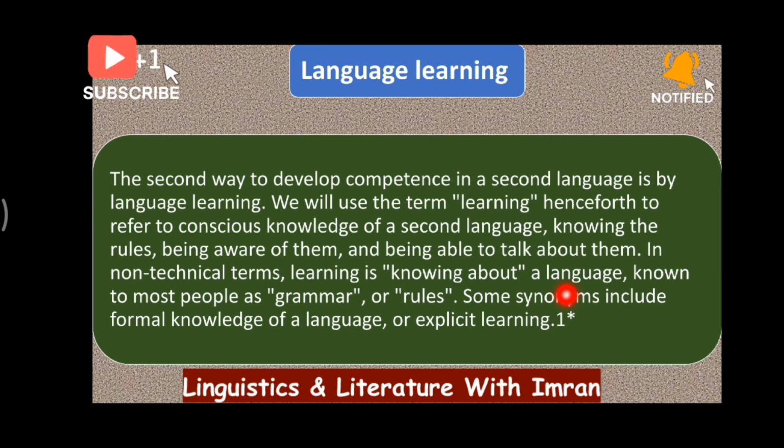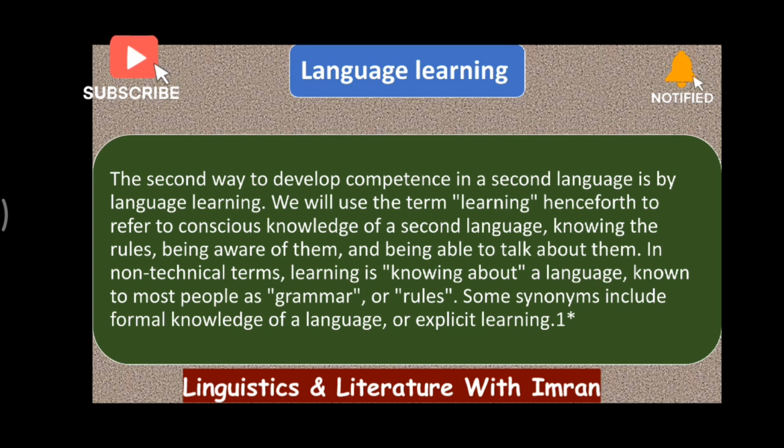And when we say that we are not aware of the rules, then that would be language acquisition. Known to most people as grammar or rules. When we say that we know about a language, we know the rules and grammar. Some synonyms include formal knowledge of a language or explicit learning.